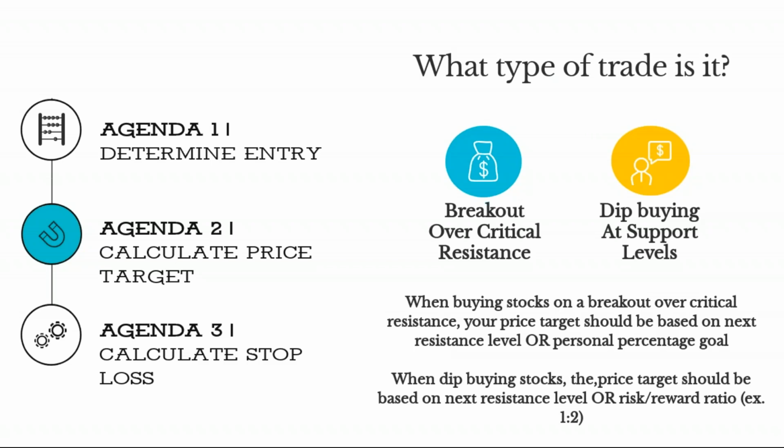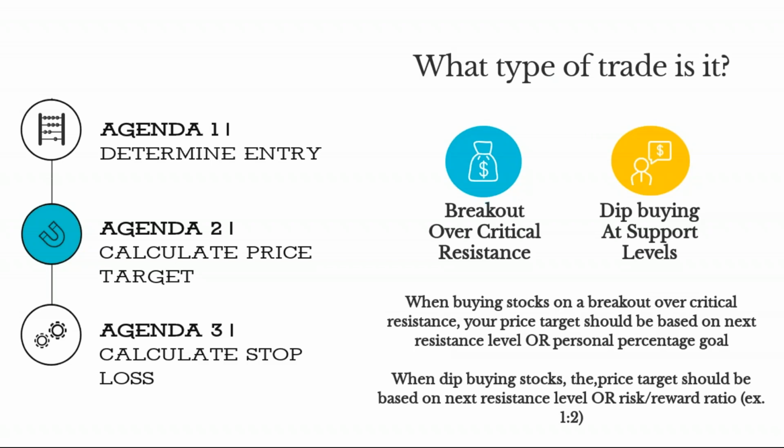So you can use your personal percentage goal, which is a risk-reward ratio, those are interchangeable terms, or the next resistance level if it gives enough upside. If the next resistance level is maybe 2% above your entry, then you're going to have to look more towards your personal percentage goal or risk-reward ratio.